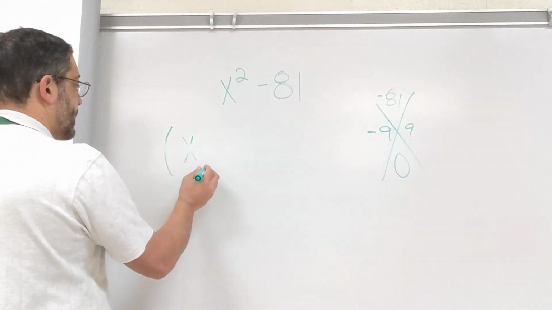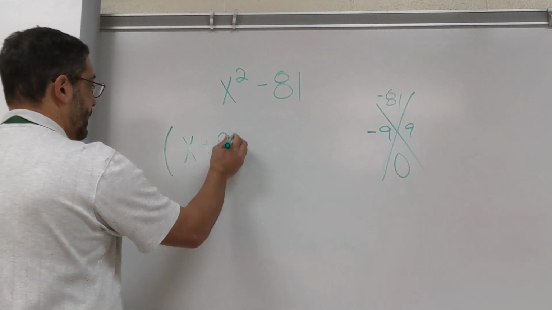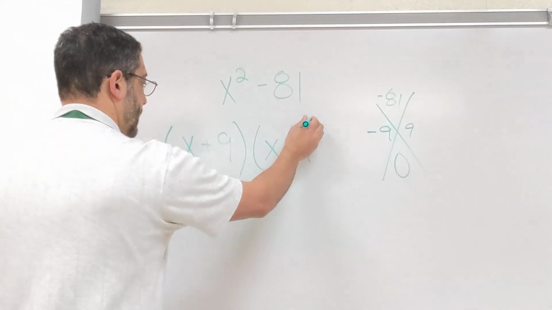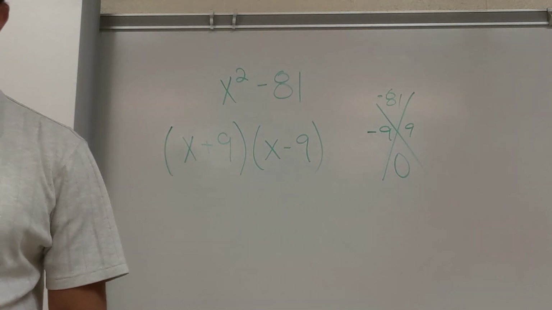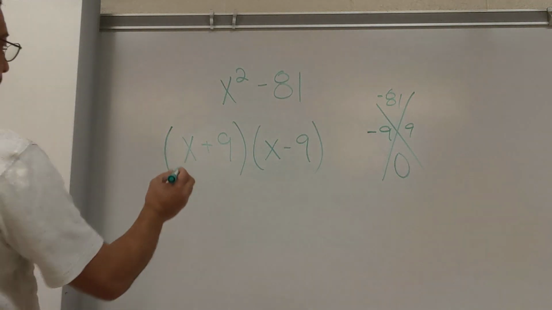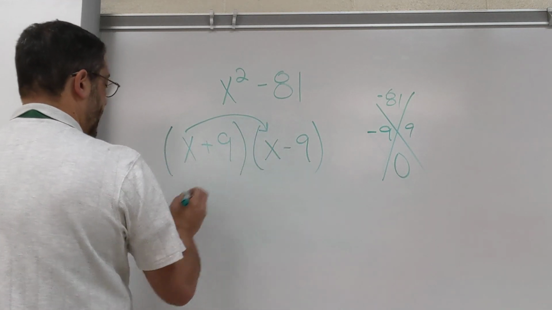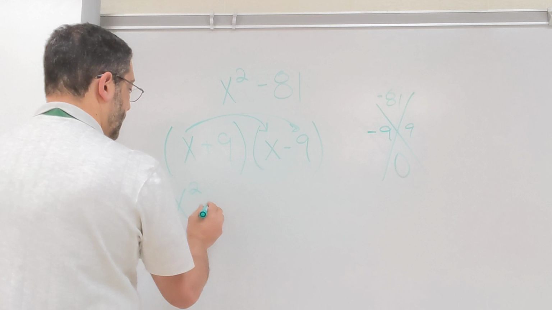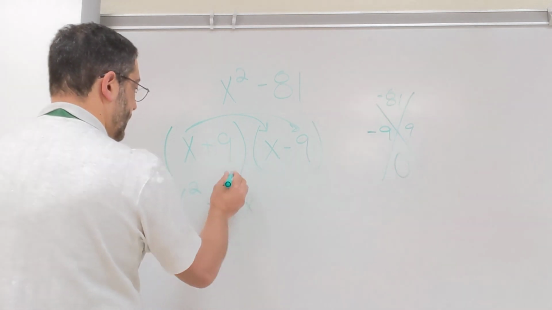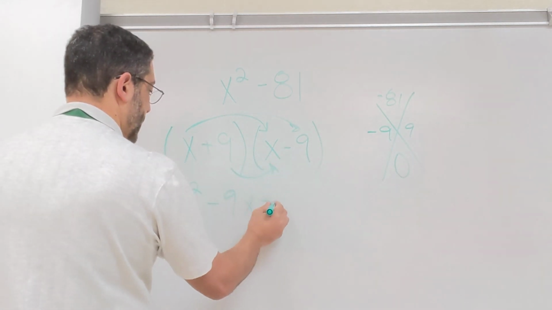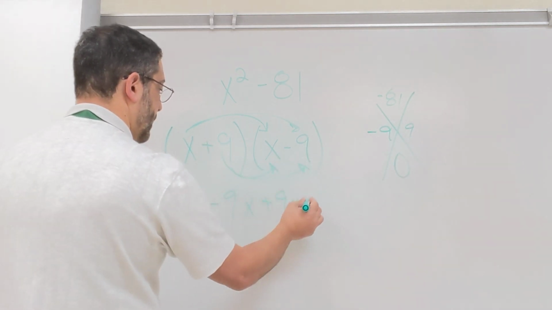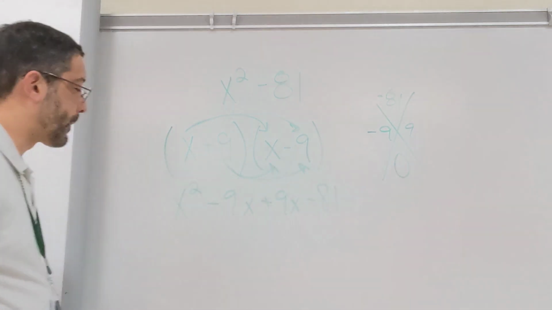So I've got x plus 9 times x minus 9. All right, so if I go ahead and distribute this out, so there's my x squared term, minus 9x, plus 9x, minus 81.